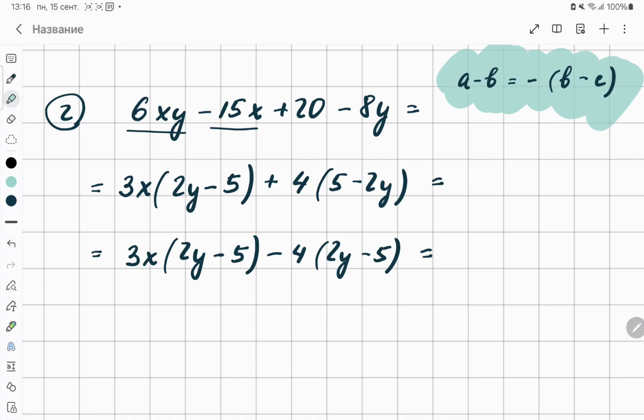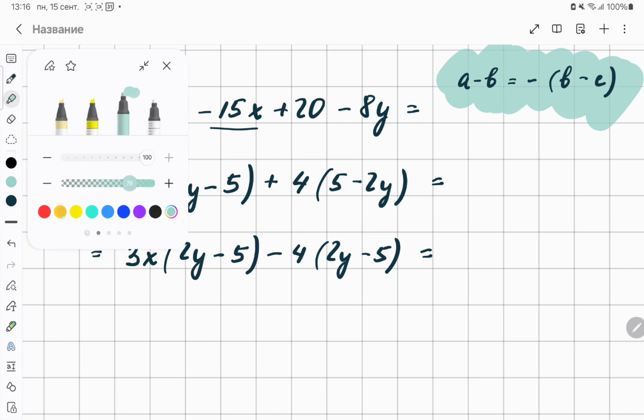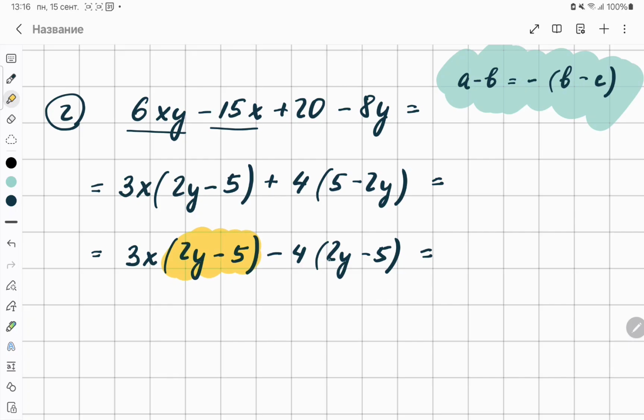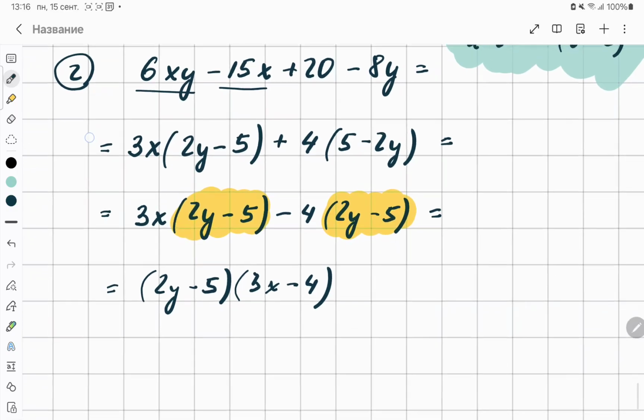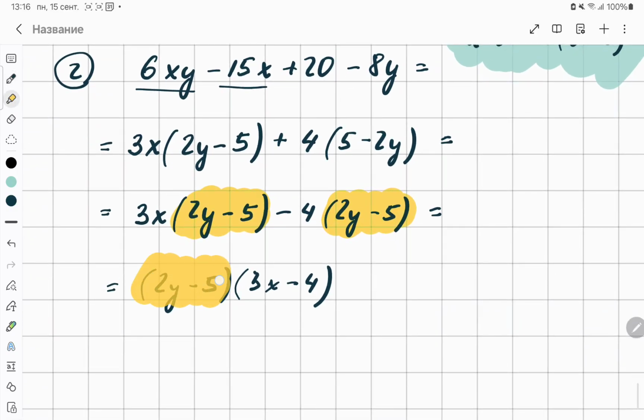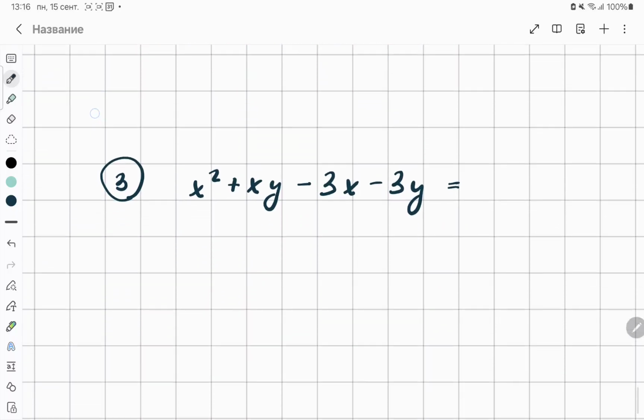Okay, now you see that we have the same factor again, 2y minus 5. And let's take it out of brackets, (2y minus 5), and we're just writing the remaining terms. So now we have a product of 2 algebraic expressions, (2y minus 5) and (3x minus 4).